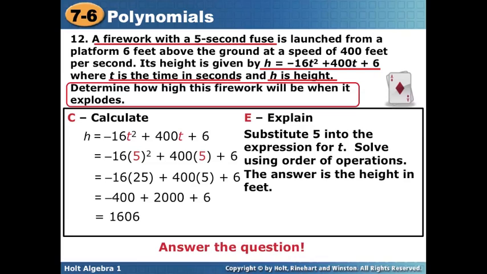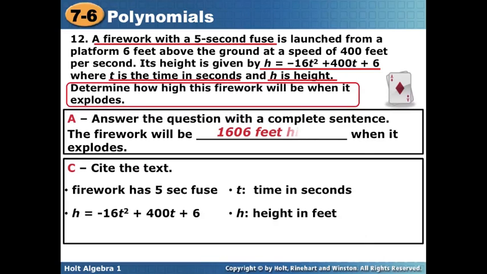Write your explanation out using words. We substitute 5 into the expression for t. Solve using order of operations. The answer is height in feet. Remember to go back and answer the question in your answer blank. So our answer is the firework will be 1,606 feet high when it explodes.